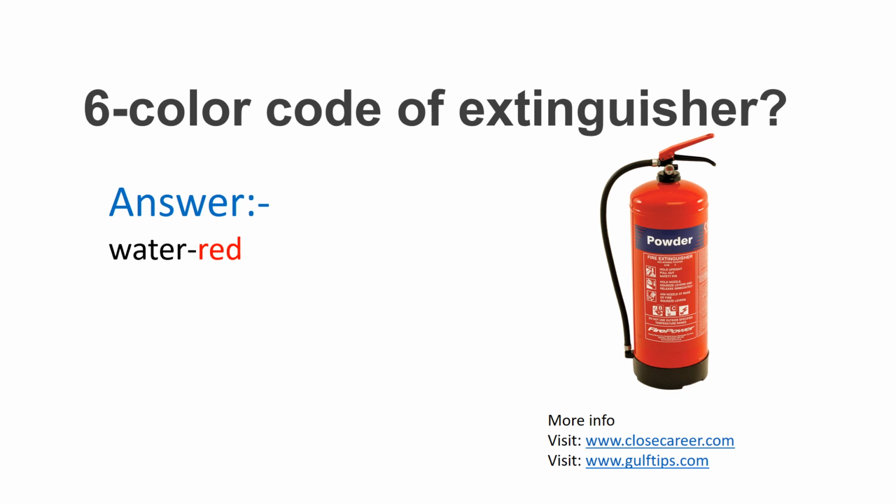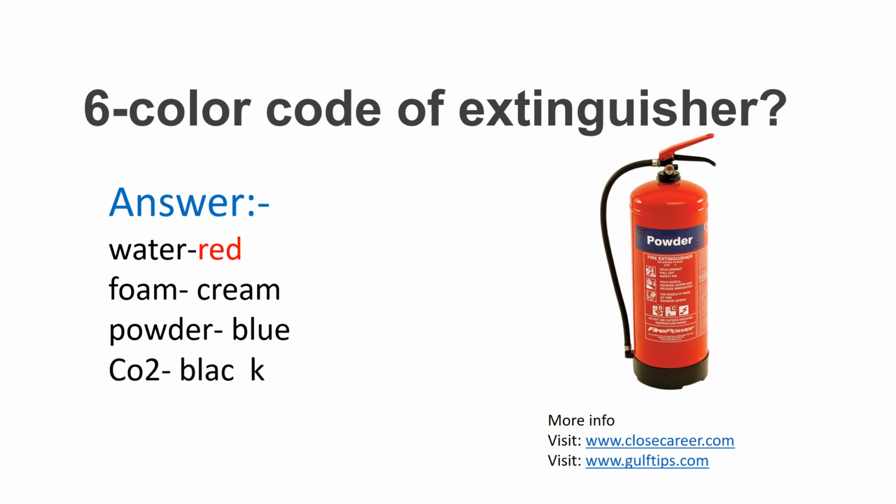Water in a red color, foam type cream, powder. Now we are here. You can see here is the powder and behind it is a blue color, but the whole body of the extinguisher is red. CO2 black, wet chemical yellow.